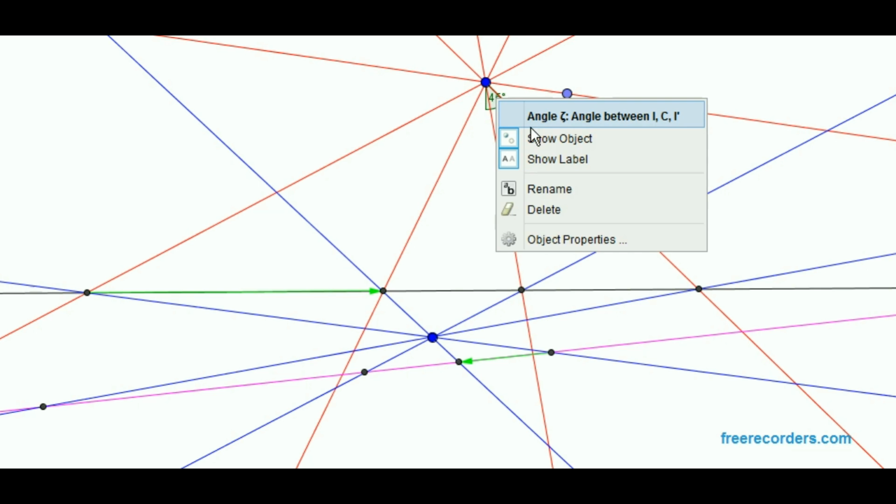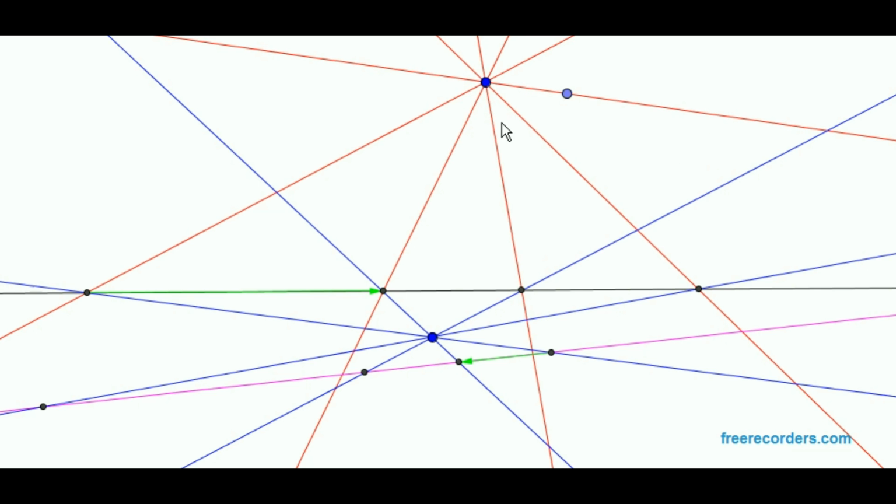These were initially induced by this rotating blue point at the top, but I'll get rid of those, they're confusing, and now we're projecting it onto this purple line.